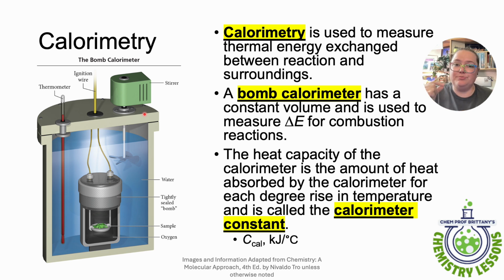It's not as precise, but it does the same idea. We have coffee cups, we have a known mass of water in the coffee cup, we have a lid that insulates, and we'll put something into that, immediately put the lid on, and observe the change in temperature of the water. That's what most chemistry students get to experience.